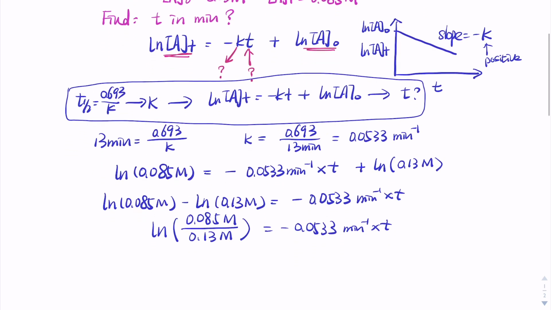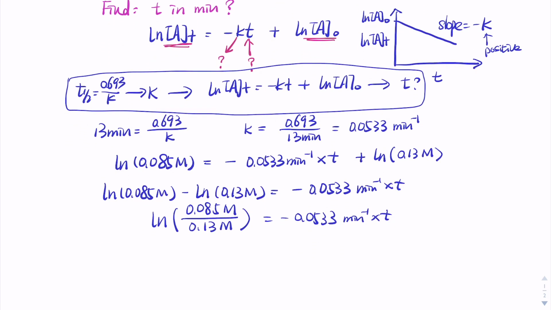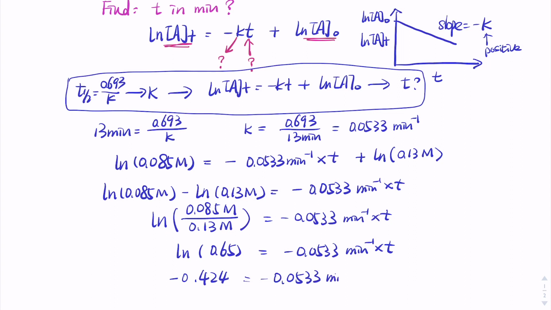If you do this, the value turns out to be ln of 0.65 equals negative 0.0533 times t. After you put it into your calculator, the value turns out to be negative 0.424 equals negative 0.0533 t. And then the time is going to equal 0.424 divided by 0.0533.